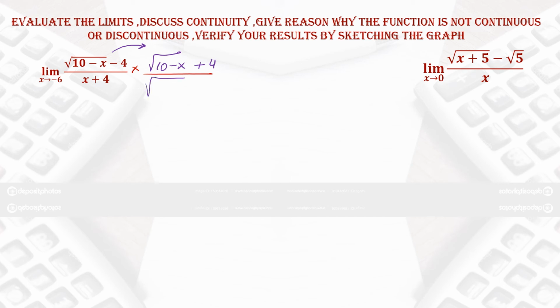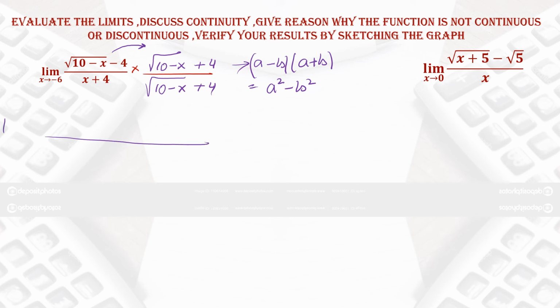Whatever you write on the top, you have to write in the denominator also. Now on the top, you can see that we can apply the formula a minus b times a plus b, and it equals a squared minus b squared.